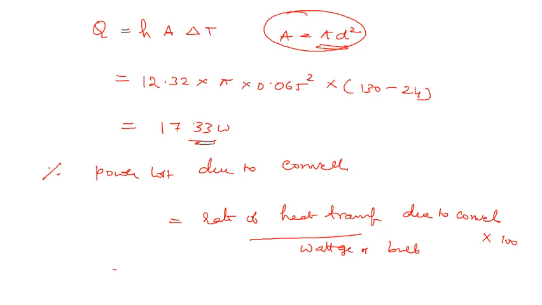So that is equal to 17.32 by 100 watt into 100. Since the wattage is 100, it cancels, and it turns out to be 17.32 percent. So that is the percentage of power lost due to convection.